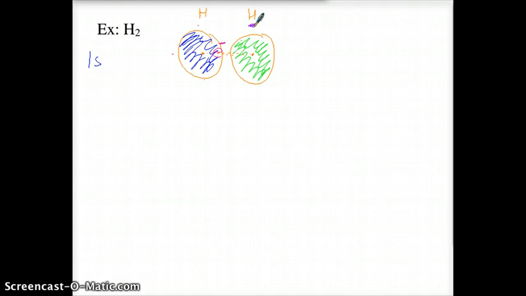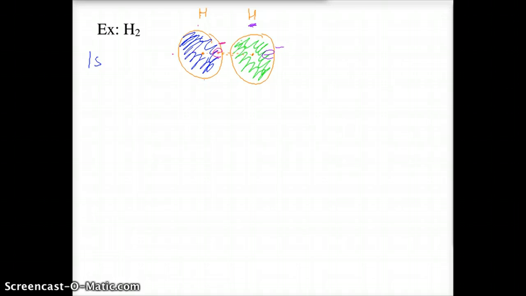We know that electrons are negatively charged and they want to repel each other. So if this electron is on the right side here, and there's another electron on this other atom of hydrogen, those electrons are going to want to be as far away from each other as possible. So essentially, this electron is going to push the other electron to the other side, because similar charges repel.